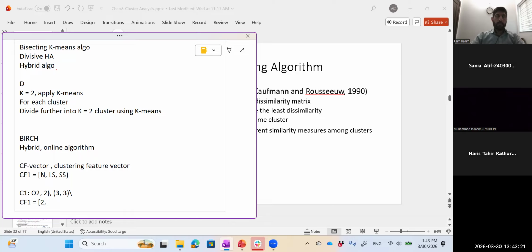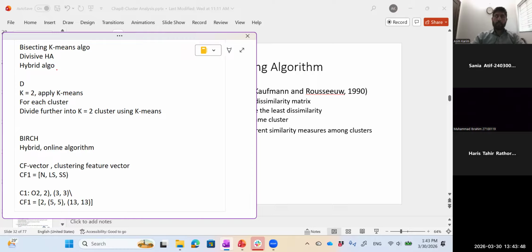And what is the linear sum? हर एट्रीब्यूट का सम कर लेना. 2 + 3 is 5, और फिर 2 + 3 is 5. अब स्क्वायर्ड सम, हर एट्रीब्यूट वैल्यू को स्क्वायर कर लेना और फिर सम कर लेना. तो 2 × 2 is 4, 3 × 3 is 9, 4 + 9 is 13, और दूसरा भी 13 है. So this would be the CF vector for this data set.